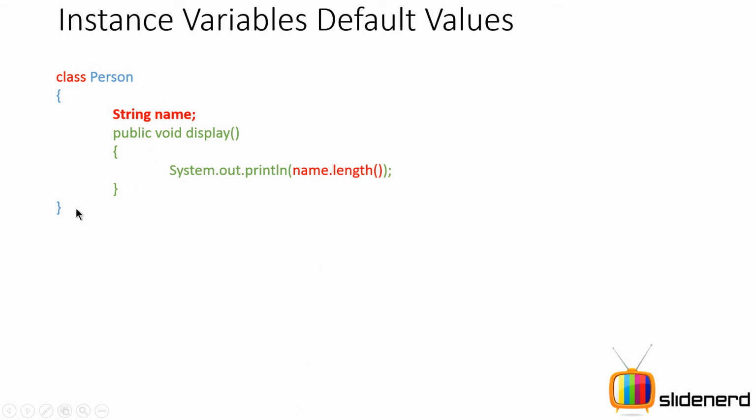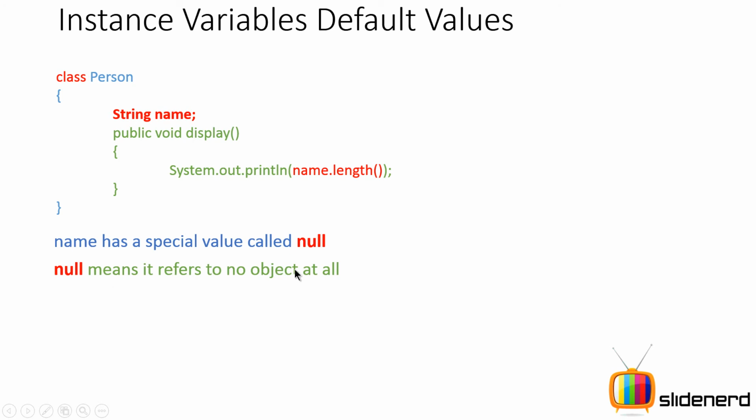Now let's take a look at this example here. I've set String name and I've not given it any value, which means by default this will have a value of null, because it's an instance variable and instance variables have default values. So inside the display method, if I say name.length, this is gonna give an error because name has a special value called null. Null means it refers to no object at all.